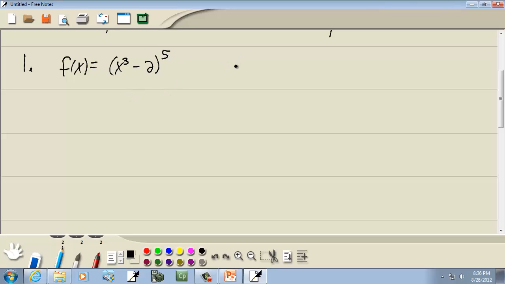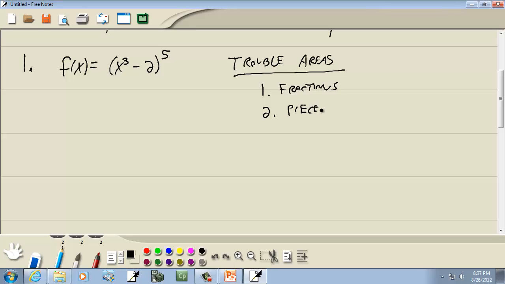Now, basically our trouble areas, and these are just the ones we'll run across in this section, are where you have fractions, specifically where we have x's in the denominator, downstairs, where you have piecewise functions. Now, these are potential trouble areas. Doesn't mean they will be trouble. And where you have radicals.